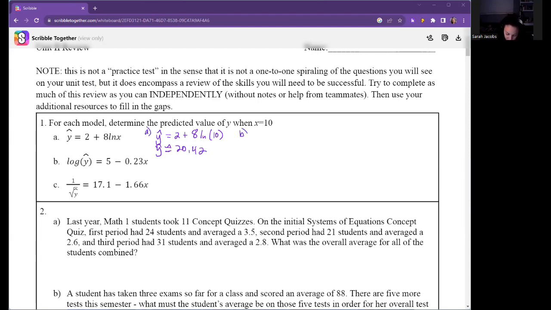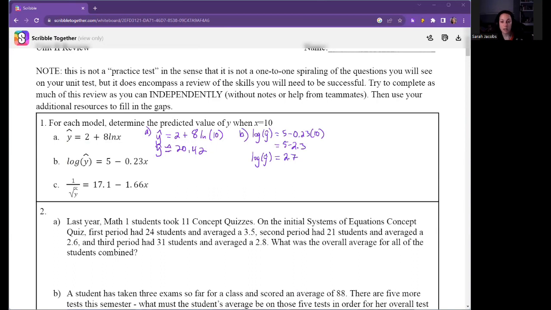For B, we're going to start the same way. So log of y hat is equal to 5 minus 0.23 times 10. So that's 5 minus 2.3. And so that's going to be 2.7. So log of y hat equals 2.7. The base of log is 10.